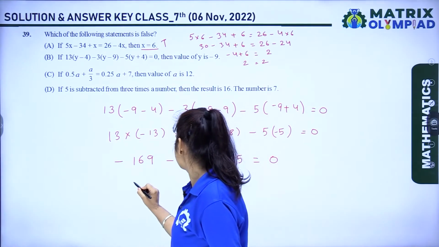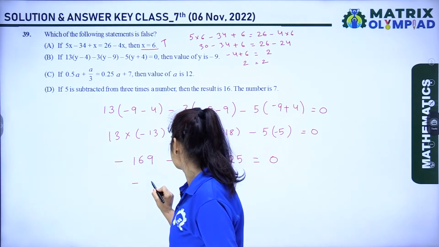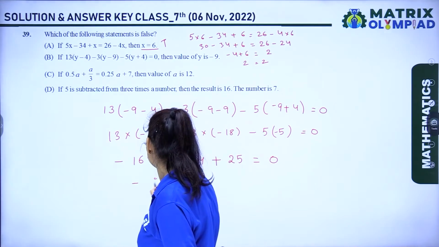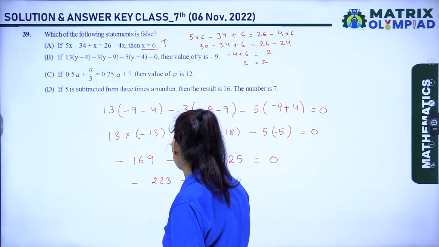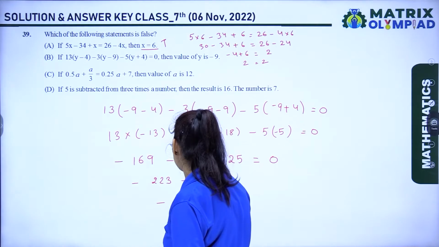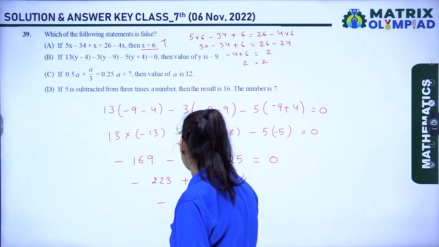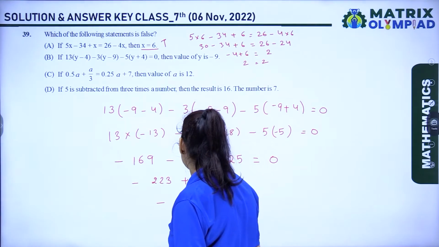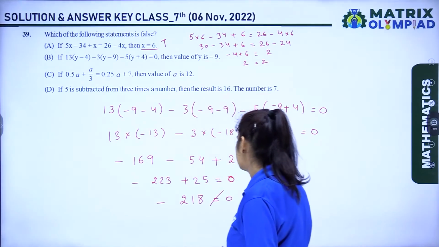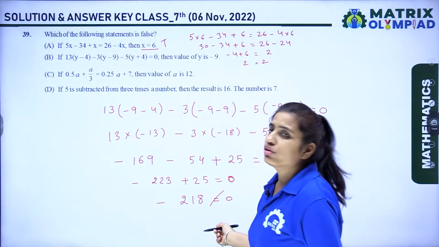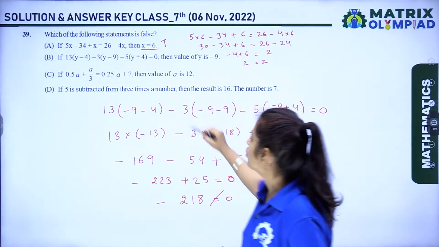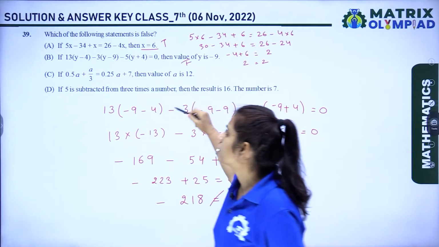Now here we have negative. So this expression is false as the answer is not equal to 0. So option B is false.